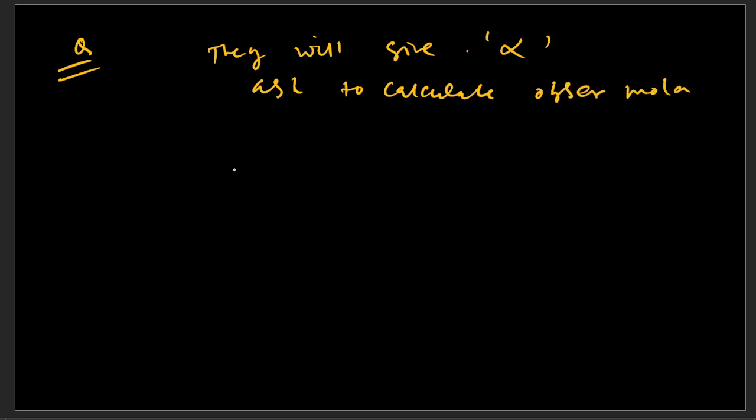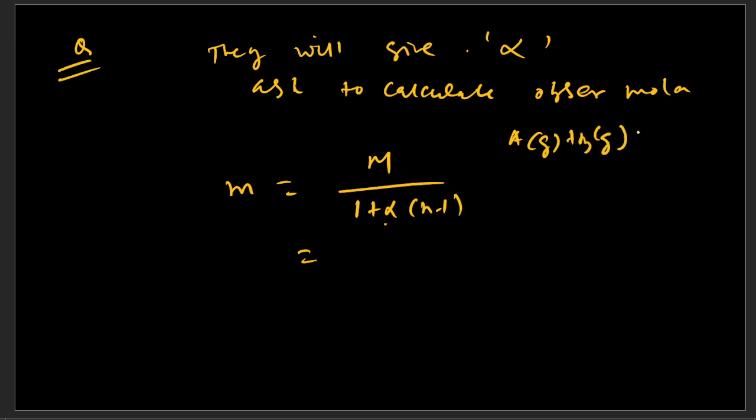So we can easily calculate, because m equals capital M divided by 1 plus alpha into n minus 1, and they have given the alpha, so we can put in the alpha. This n we can get from the equation. Suppose A gas plus B gas gives 3C gas plus 4D gas, then n is the number of moles in the product, so 3 plus 4, that is 7. So n equals 7.